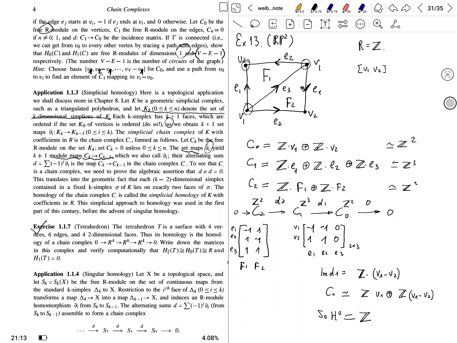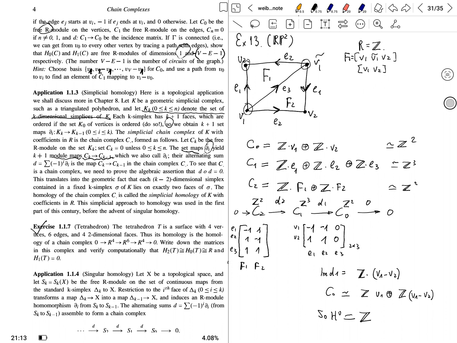If this is confusing, we could just do it like this, and this is saying that the fixed order at the beginning is this. And so this is our F1, for example. Correspondingly, C2 has basis F1, F2, these two faces.